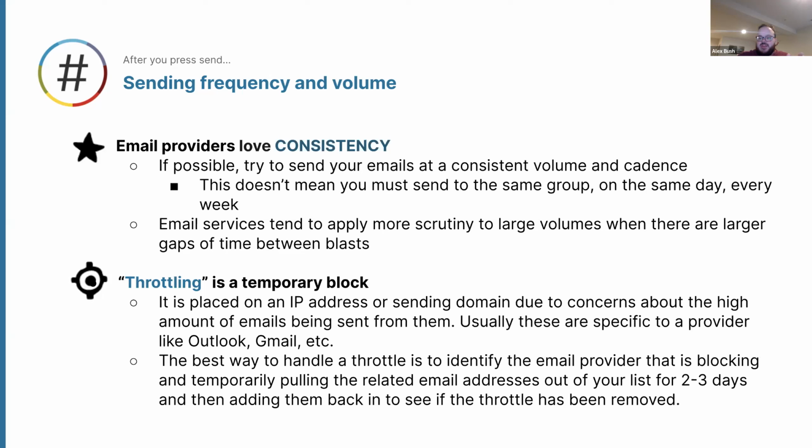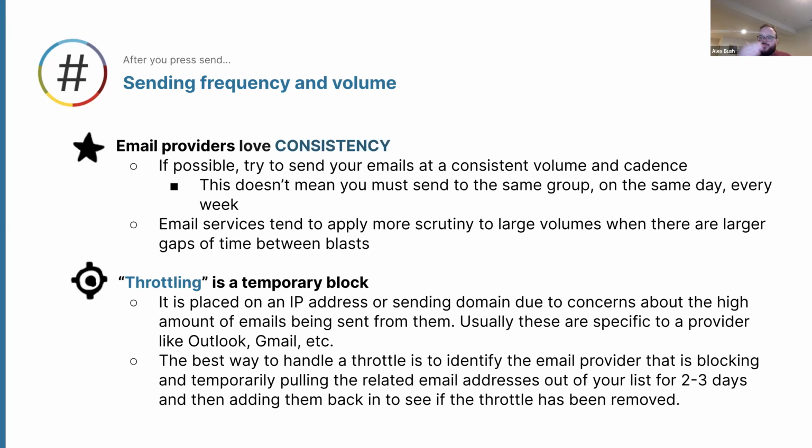If it's been several weeks or several months between blasts, segment and target your lists and send to smaller groups of people, because you're far less likely to trigger any reputation hits or bounces that way. An extreme example when it comes to volume: if you're sending to 8,000 people in one week, and then two weeks from now you're sending to 50,000 people, that's a big spike in volume.